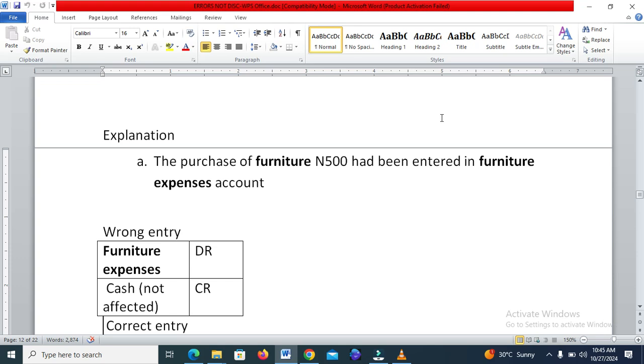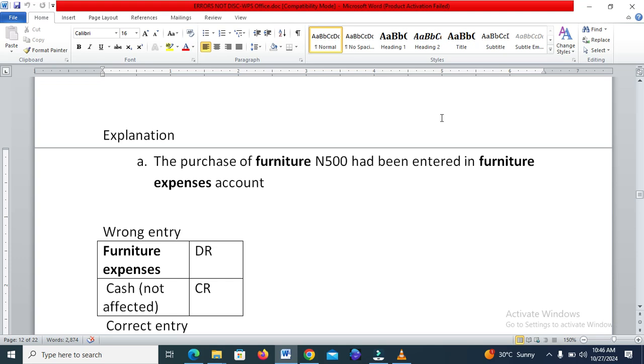All you need to do is to correct the error that has been committed between the furniture account and the furniture expenses account. How do we do that? We were told that the furniture expenses account was used instead of the furniture account. And what has been the error committed?